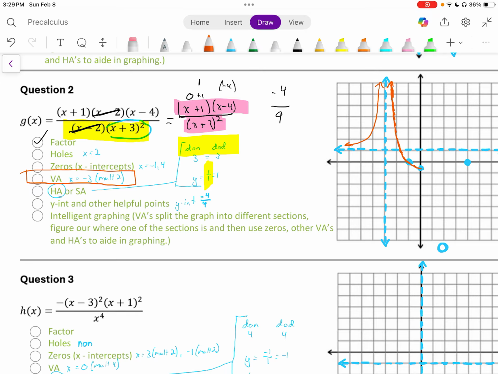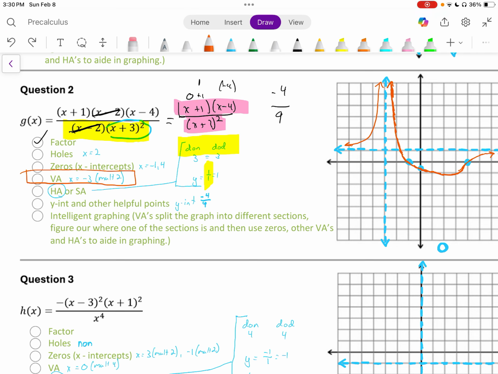It will go through that y-intercept at negative 4/9. Somewhere along here, it will change direction, come back up through this one, and then follow the horizontal asymptote. If we wanted to make this more accurate, we could try plugging in 2 into our function to see how far down this goes.